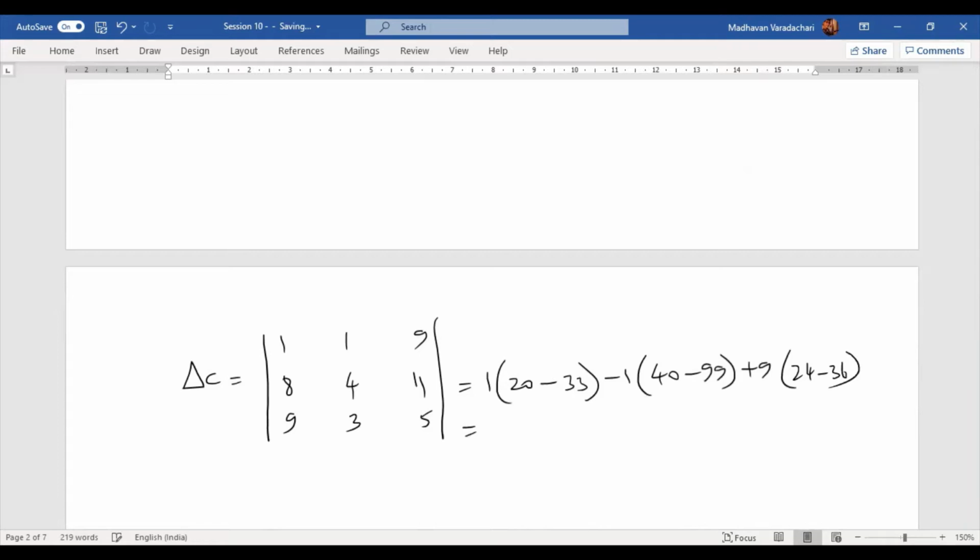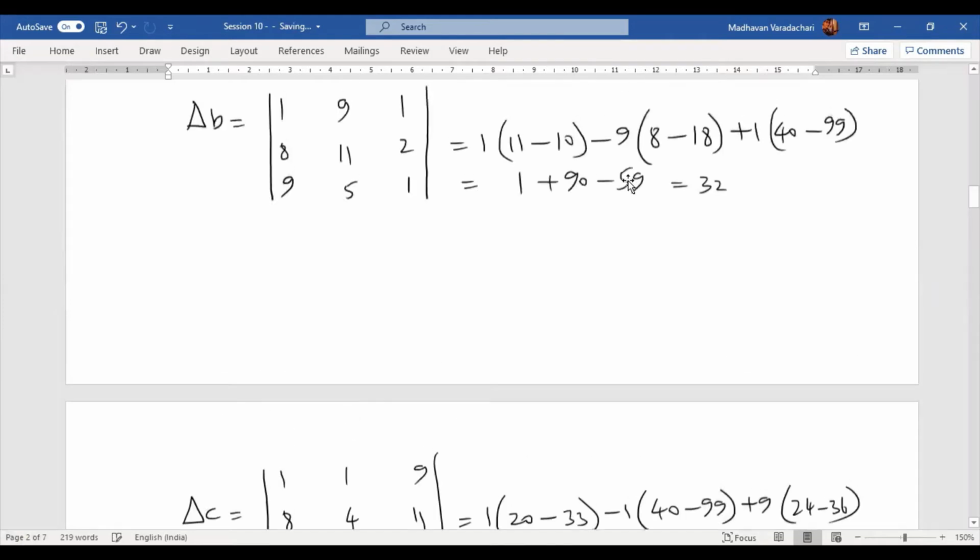So this will give you minus 13. And this will be minus 59. And there is a minus outside, so it becomes plus 59. This will be minus 12. 12 nines are 108, minus 108. Now let us see how much it is. Minus 13, then add the 59, subtract 108. So we get minus 62.